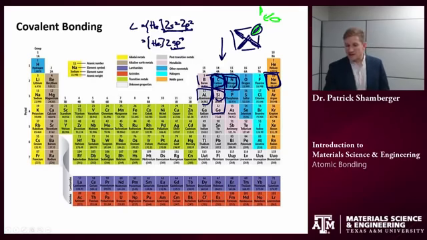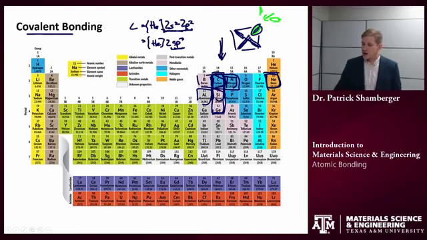And again, the prototypical covalent solids are clustered around column 4. And that's just because these are the cases where I'm able to, by sharing neighboring orbitals, come up with full closed shells in all the cases.